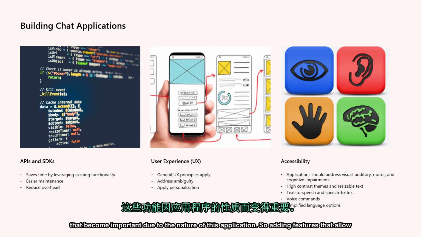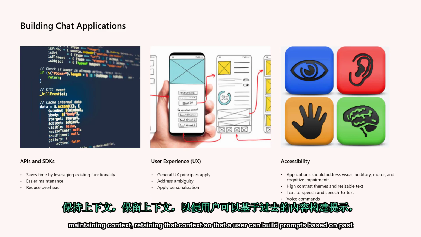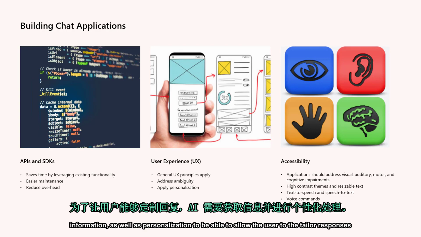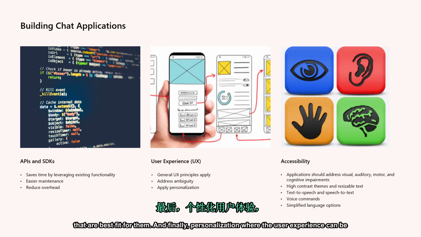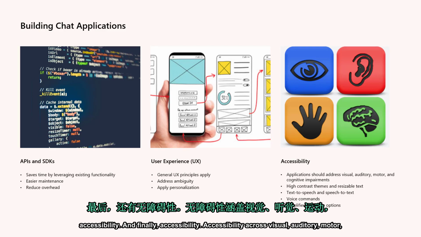So adding features that allow users to ask for clarification should your chat application generate an ambiguous answer, maintaining context, retaining that context so that a user can build prompts based on past information, as well as personalization, to allow the user to tailor responses that are best fit for them, where the user experience can be tailored to receive specific answers that make the user feel a lot more understood. And finally, accessibility.